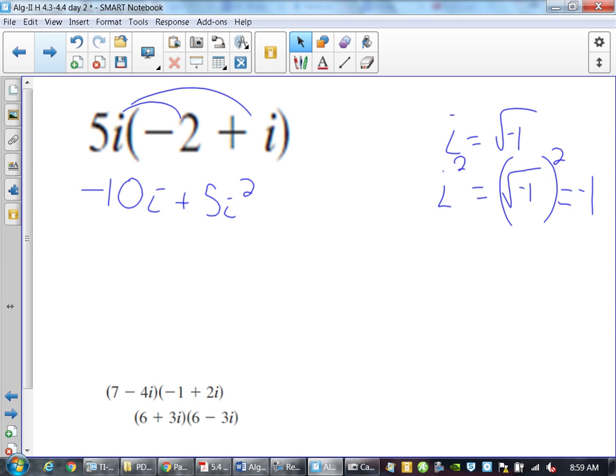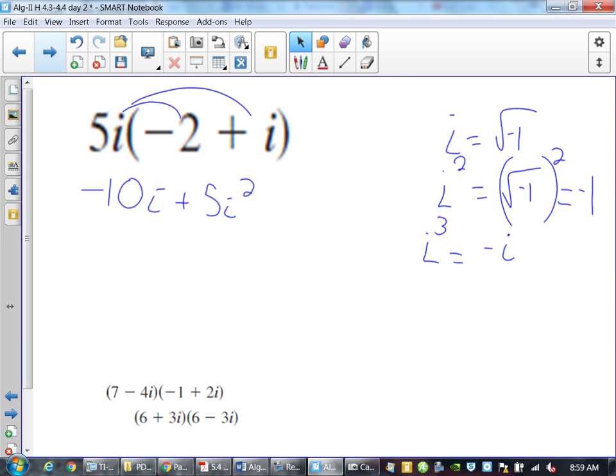So if you square i, it becomes negative 1, so it's actually negative 10i minus 1 times 5, minus 5. What about i cubed? i cubed would be i squared times i. i squared is negative 1, so it would be still negative 1 i. Negative i.